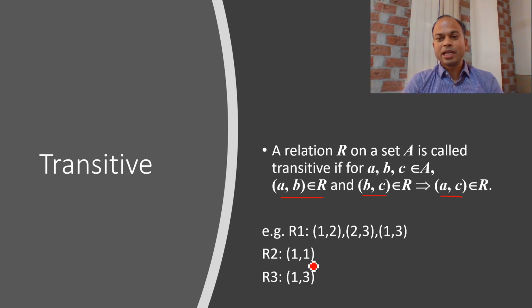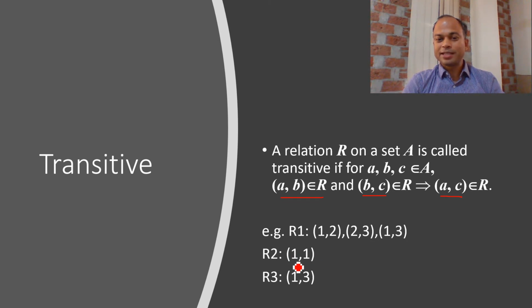If we talk about the relation R2, then relation R2 also supports the transitive property. Why? Here 1 is related to 1. The next relation should start from 1 because B is here 1. Further, this relation is starting with 1.